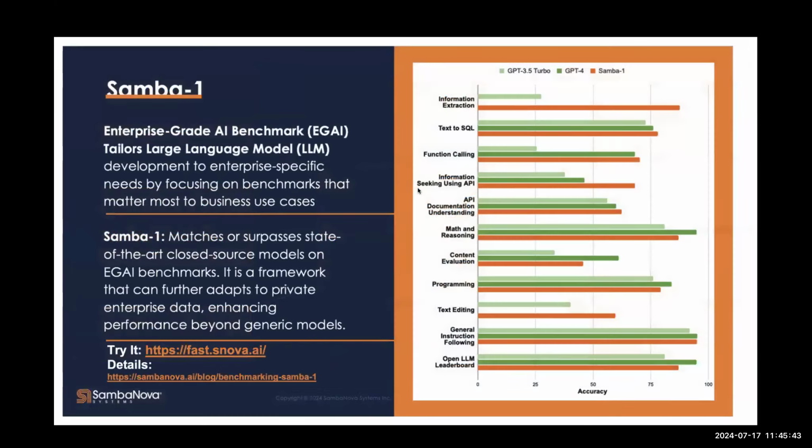What's underneath the covers is that the composition is basically a router model, and underneath the router model we have 54 models that are experts in their own domain, whether the domain is physics or chemistry or math or medical or coding, you name it.